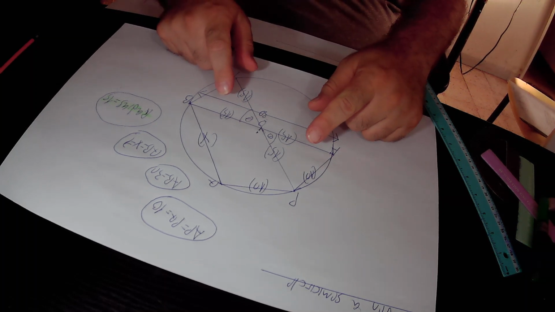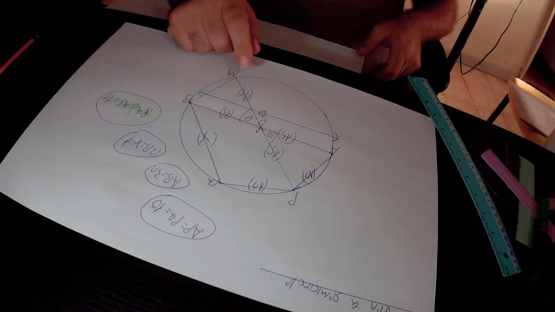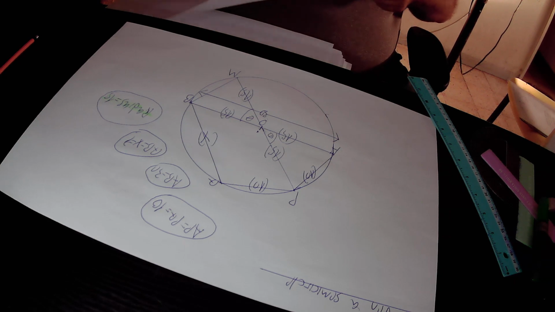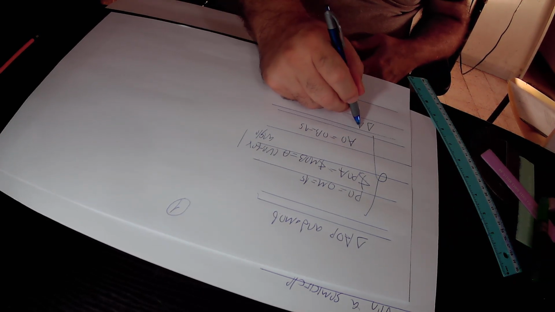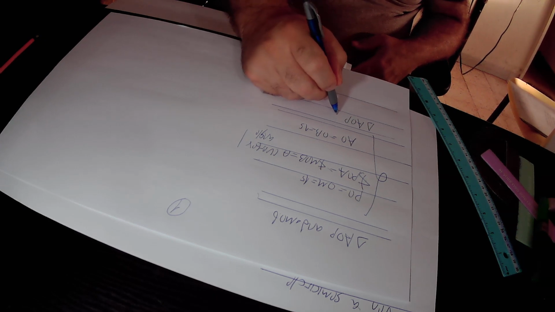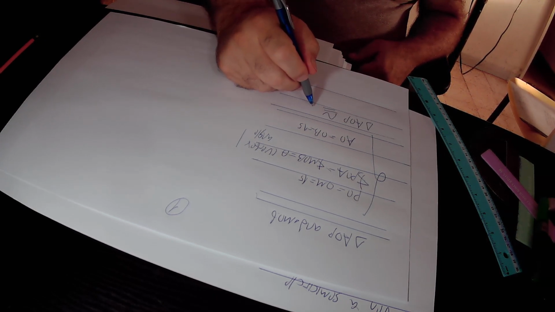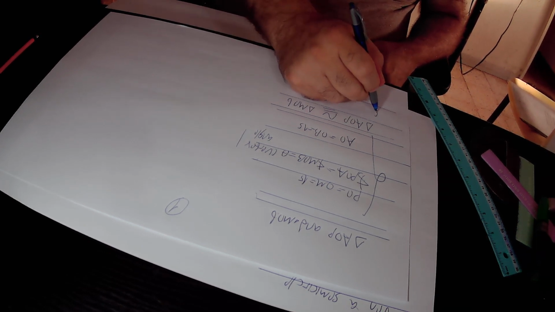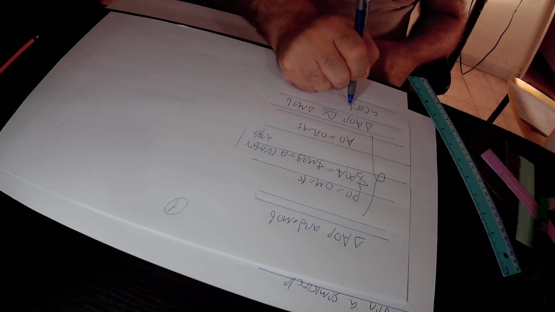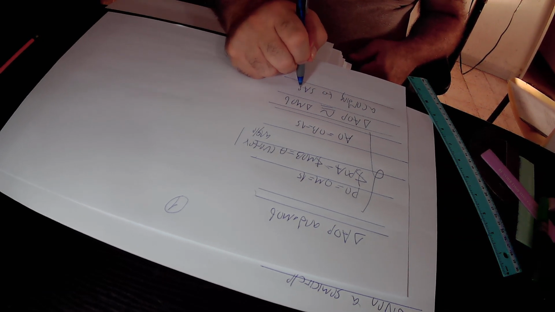Therefore, those two triangles are congruent according to the side-angle-side rule. So I write it down: triangle AOP is congruent to triangle MOB according to the side-angle-side rule.